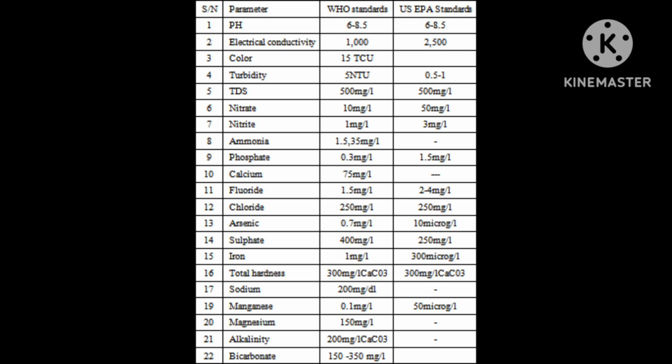Other metals I am telling you, that also you should know. That is iron. Iron is required in our body, but not in excess. It should be 0.2 milligram per liter, meaning 0.2 ppm only.